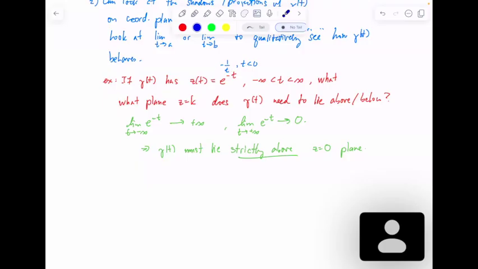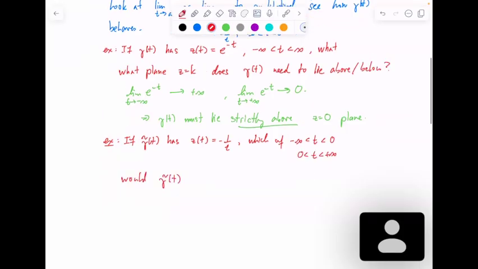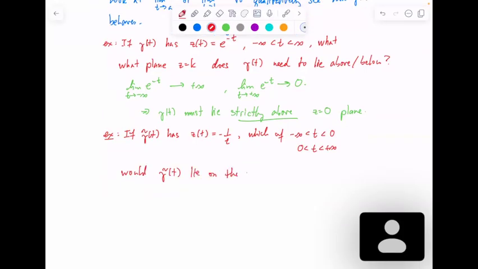So that's your parameterization for this new curve. As t goes to minus infinity, this gets closer and closer to 0. So here's a question: if gamma tilde of t has z of t equal to minus 1 over t, which of these domains would gamma tilde of t lie on, the same side of the z equals 0 plane?